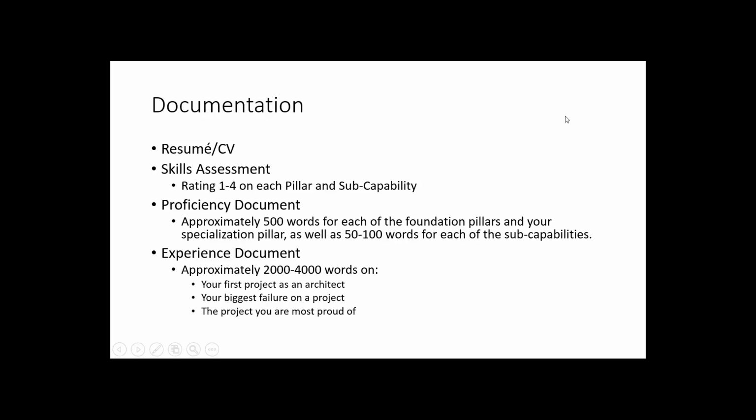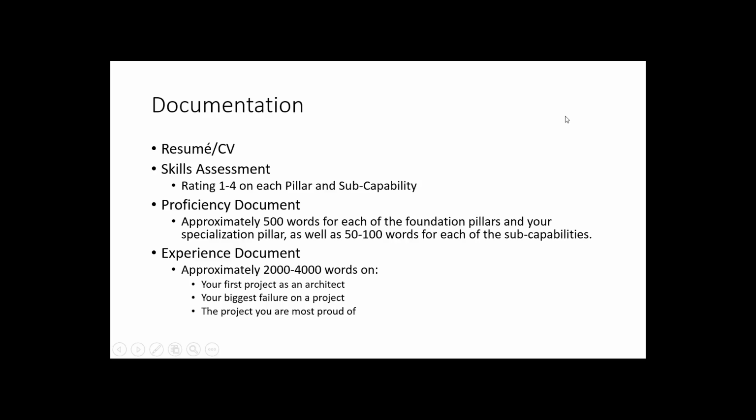The skill assessment is about, as I mentioned to you, the 5 core pillars. A core pillar having 5 capabilities, and then any one of the specialization pillars. Now, under each of the core pillars, like under design, you have at least 10 sub-pillars.